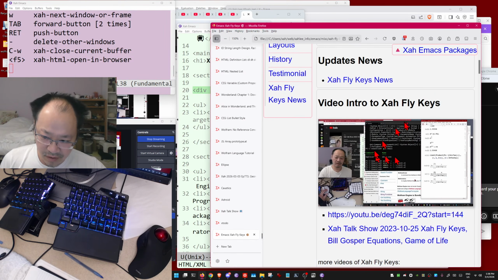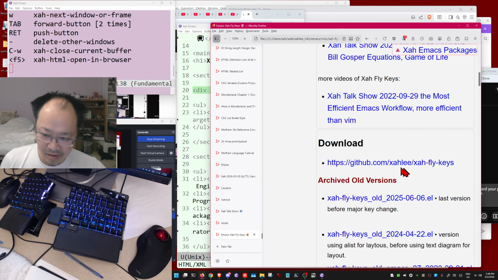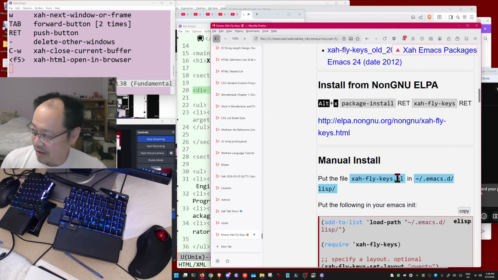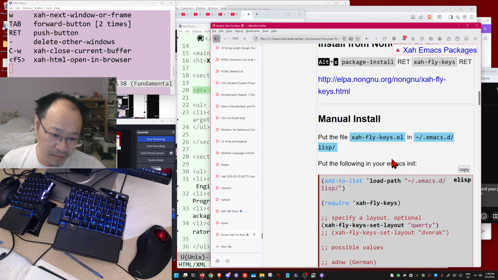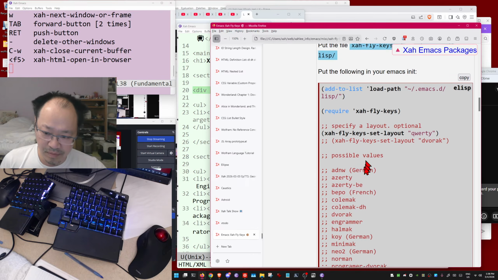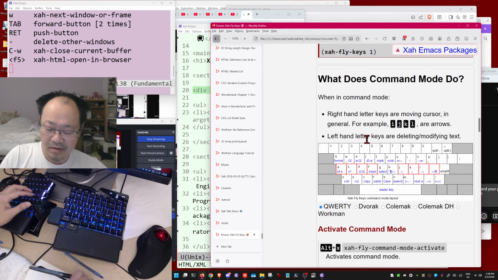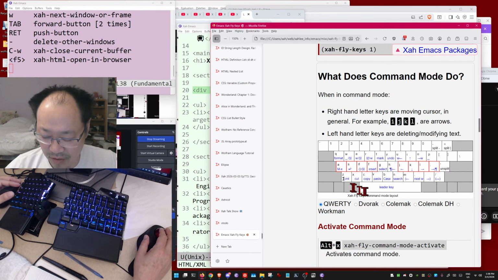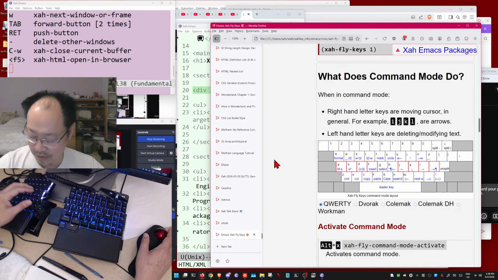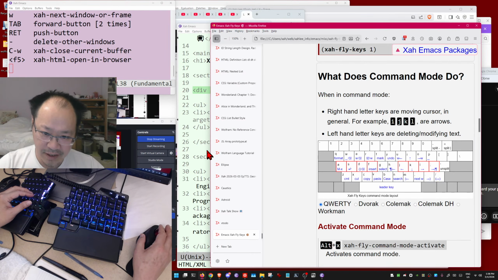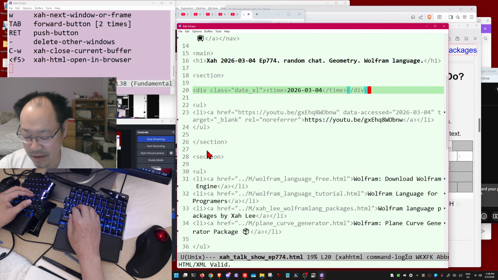There are videos you can watch, and it's a free download, for Emacs. If you are a programmer or a writer, this would be most suitable. It's going to change your life, because you need to write all the code, and this is the most efficient. Xah Keys, Emacs.